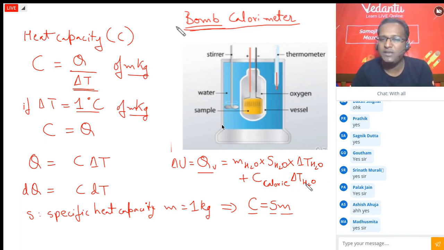It is an assumption here that the temperature rise of apparatus and temperature rise of water is identical. It is practically not identical, but with a slight error. Is it clear?